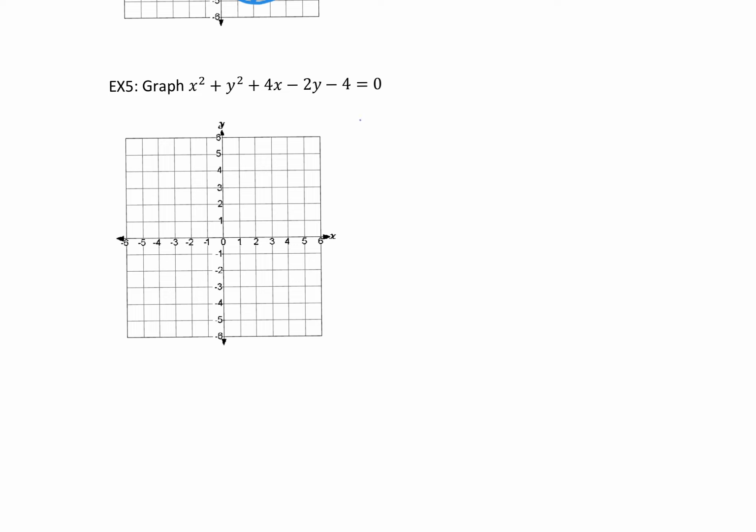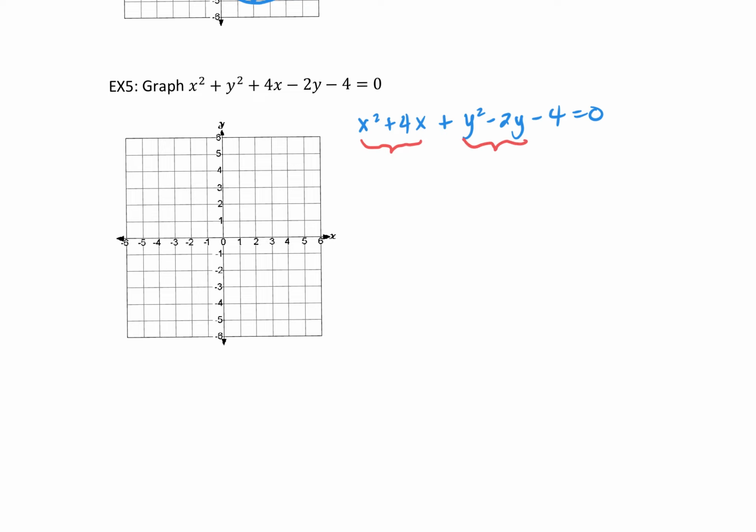This becomes x squared plus 4x, so I'm grouping my x's together, plus y squared minus 2y minus 4 equal to 0. I'm going to look at my x's and my y's separately.